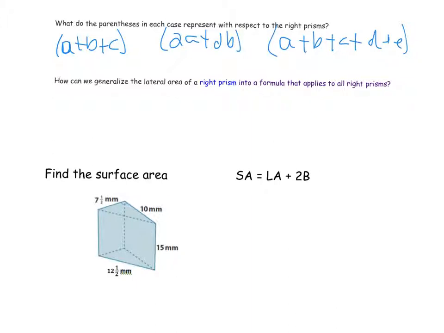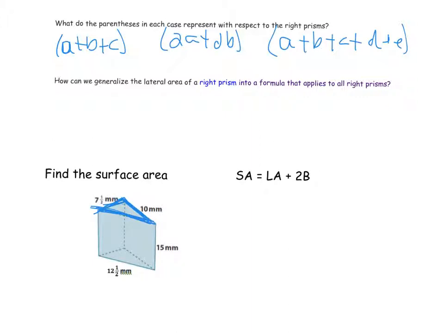In each case, what do these represent? So this is where your mind has to make a leap. I'll use this as an example down here. For the right pentagonal, this is like the A, the B, and the C. So if you go all the way around a figure, what term does that give us?